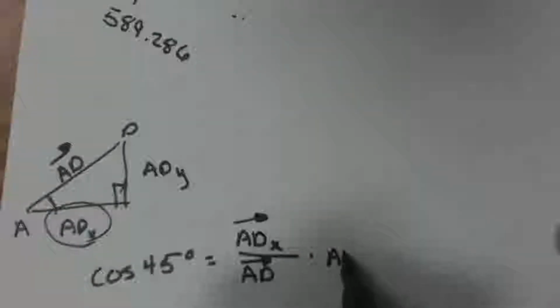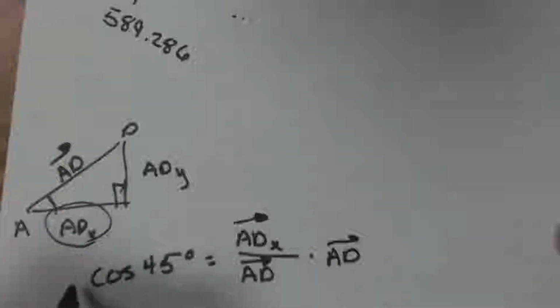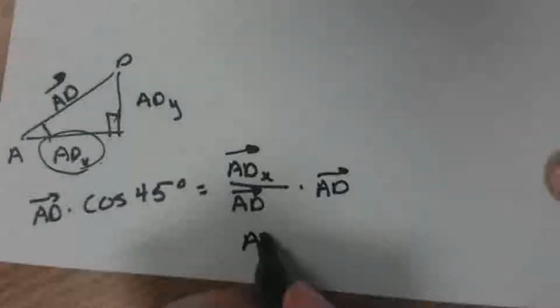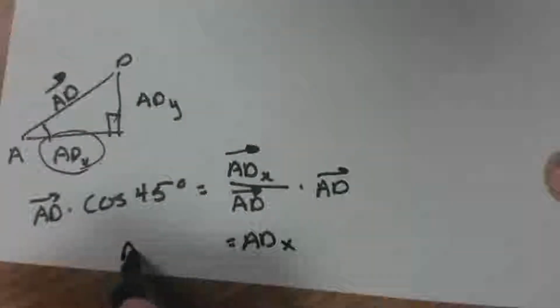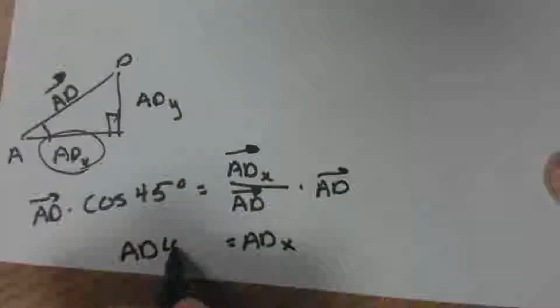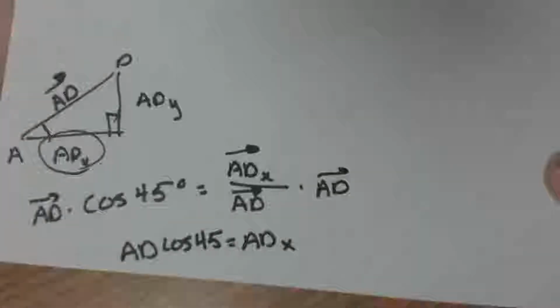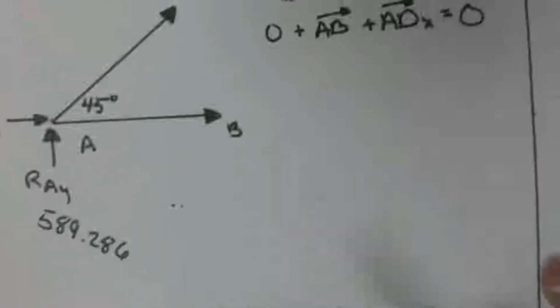If I multiply by AD, just the overall vector, that gives me my x component equals the hypotenuse times cosine of 45. Again, I have to use my AD just in my x, but in the end, I'm really looking for the overall vector. So this is what I'm going to substitute into my equation up here.